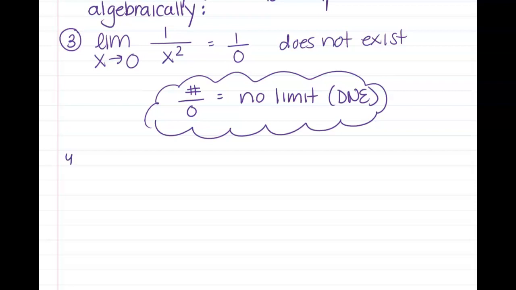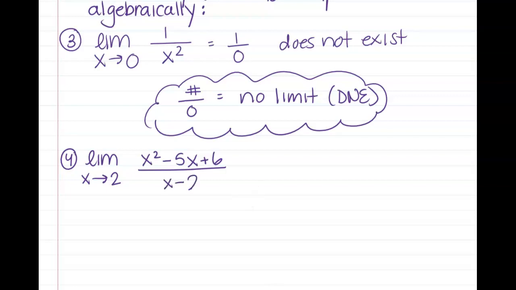Fourth example. The limit as x approaches 2 of x squared minus 5x plus 6 divided by x minus 2. If we evaluate for 2, because again you should always do that first, we get 0 over 0.